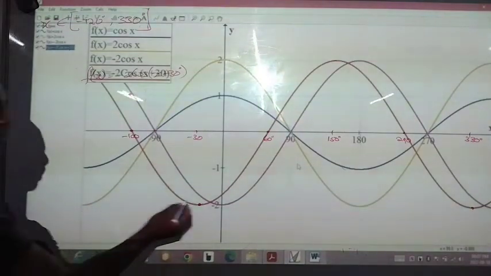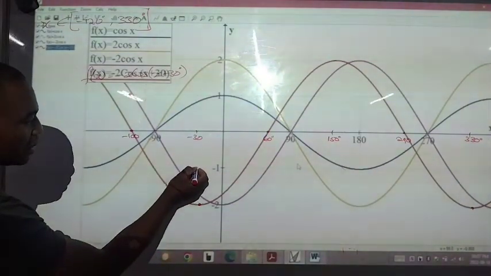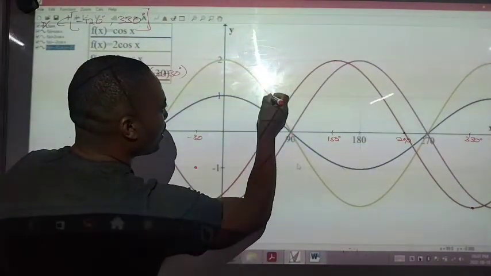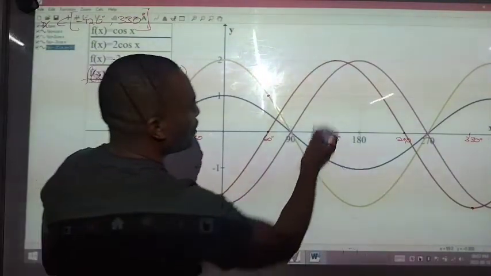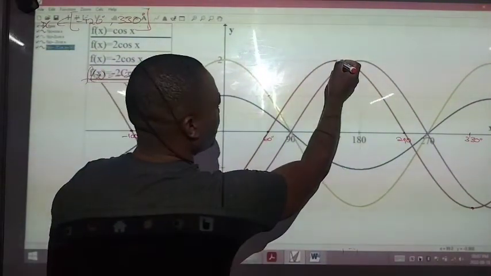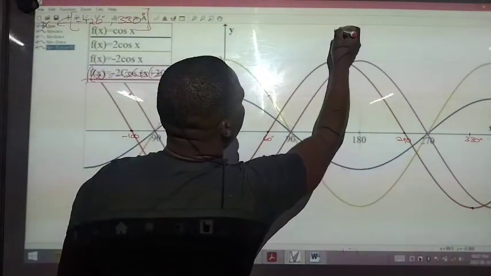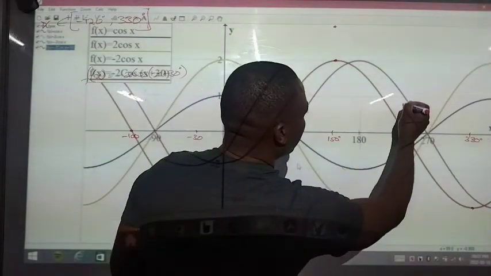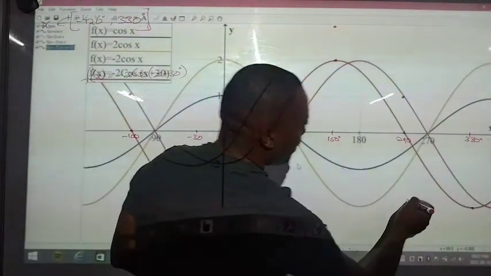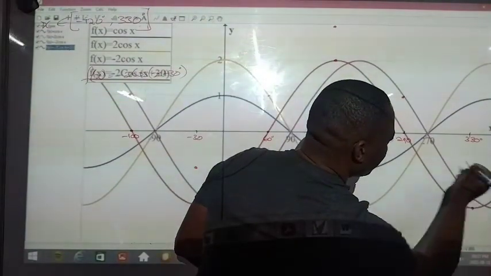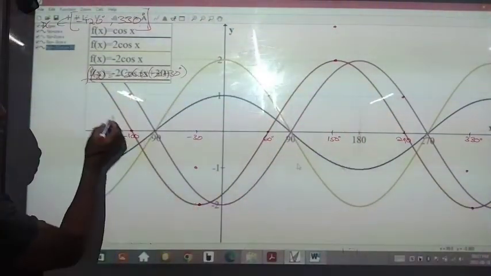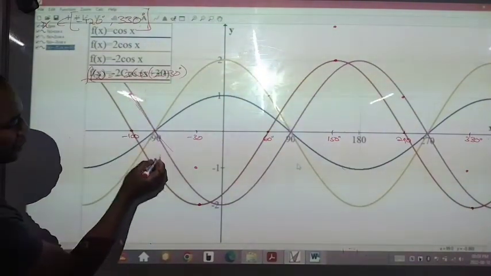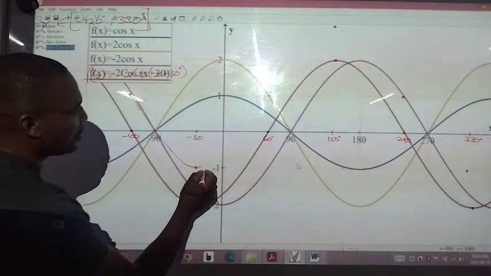So it will be there. This one, we'll move it vertically 1 unit up. This one, 1 unit up. This one, we move it 1 unit up. This one, 1 unit, and then we'll be done with our graph. So we are saying our graph should be like this.